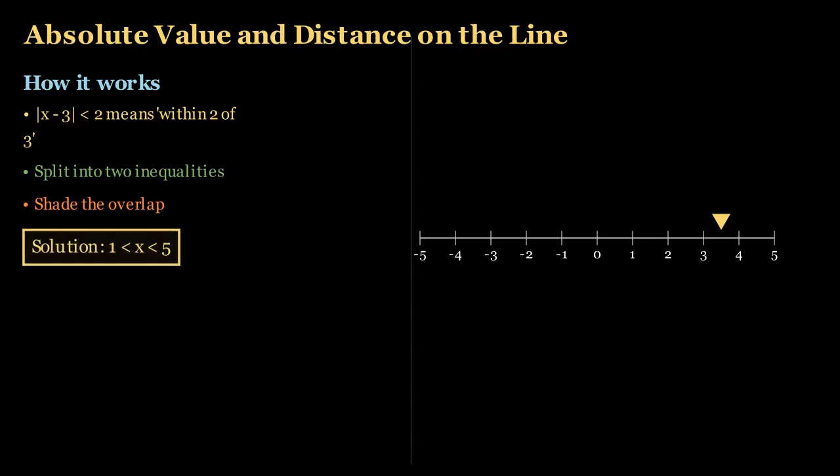That gives us two simple inequalities: x minus 3 greater than -2 and x minus 3 less than 2. Solving both, we get x greater than 1 and x less than 5. The solution is all numbers between 1 and 5, not including the endpoints. On the number line, we shade that whole interval.